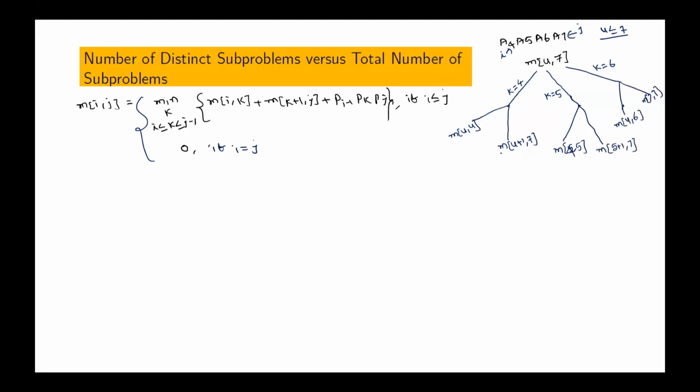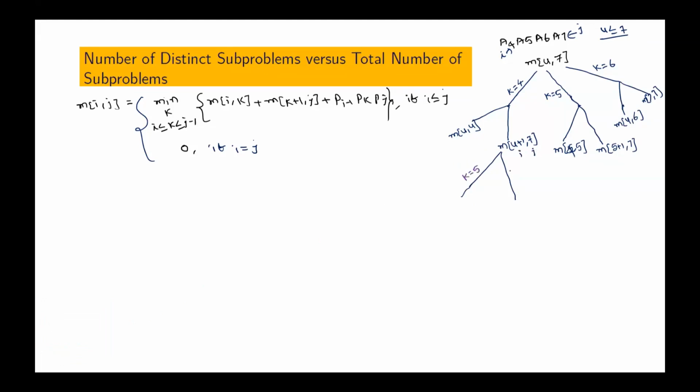Again, how do we calculate M[5,7]? Now i equals 5, j equals 7. k takes the values 5 and 6.